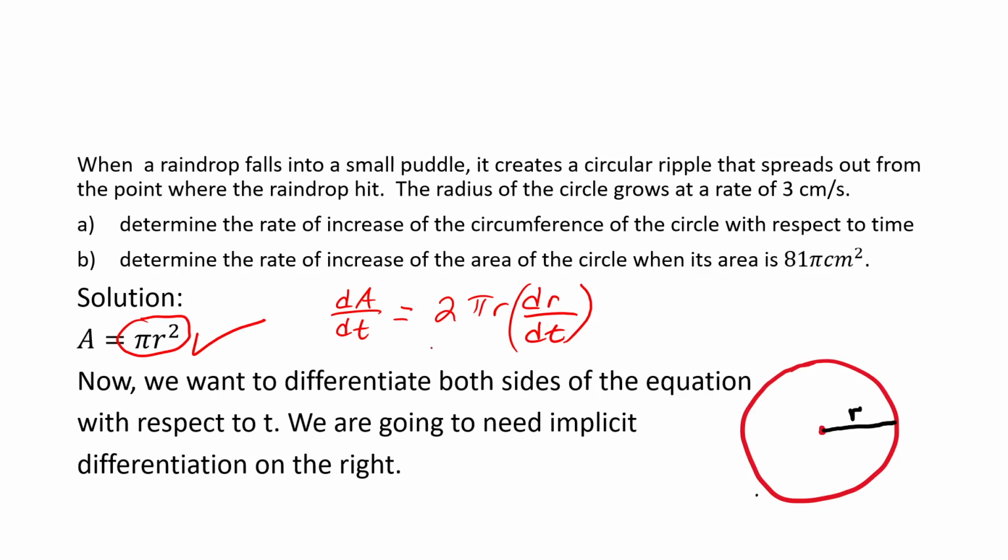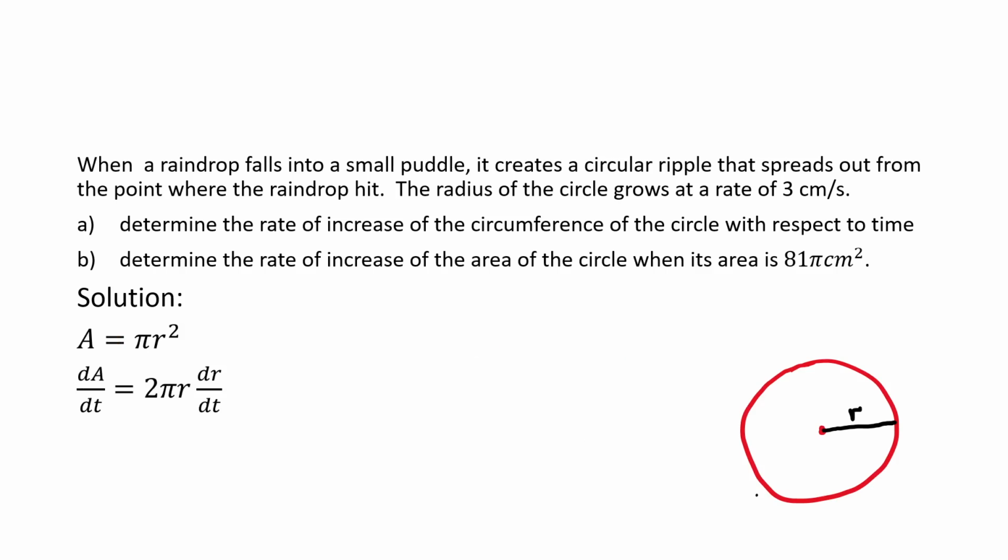This is implicit differentiation. Okay? So we have this formula for dA over dt, which was given on the previous slide. Now, we know that dr over dt is positive 3 from that sentence right there, but we need to know what the radius is.